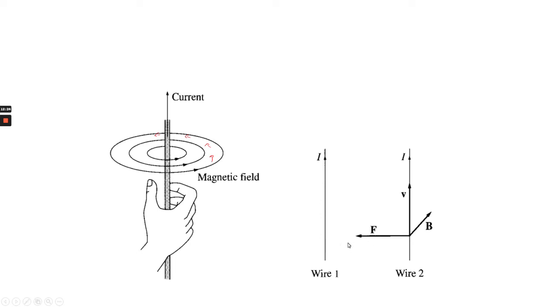Now it's going to take a strange law to account for these directions, and we will introduce it later. But our main concern right now is how do we calculate the magnetic field? Okay, the magnetic field for the first wire maybe.